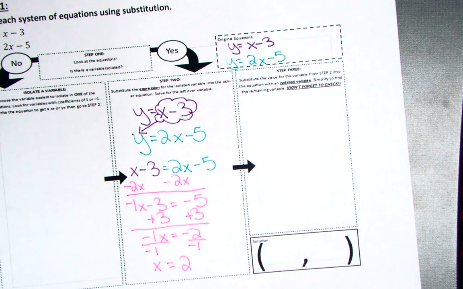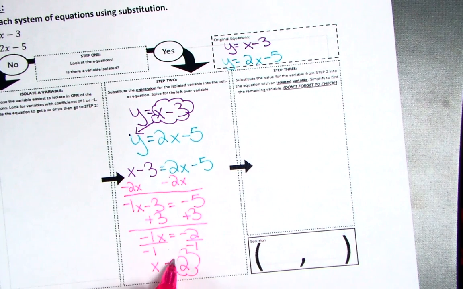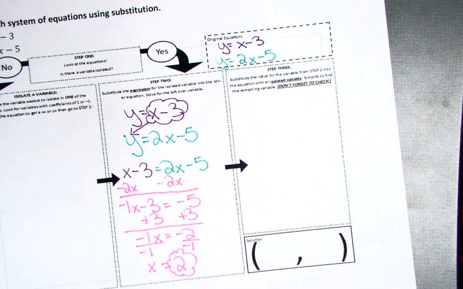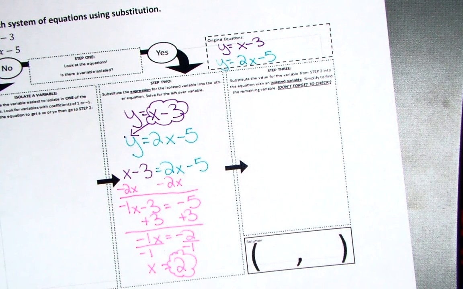Okay, and if we go back to those 5 steps that we were following before, it wants us to take this value, this 2 here, and plug it back in to this original equation for x. So here's our original equation.